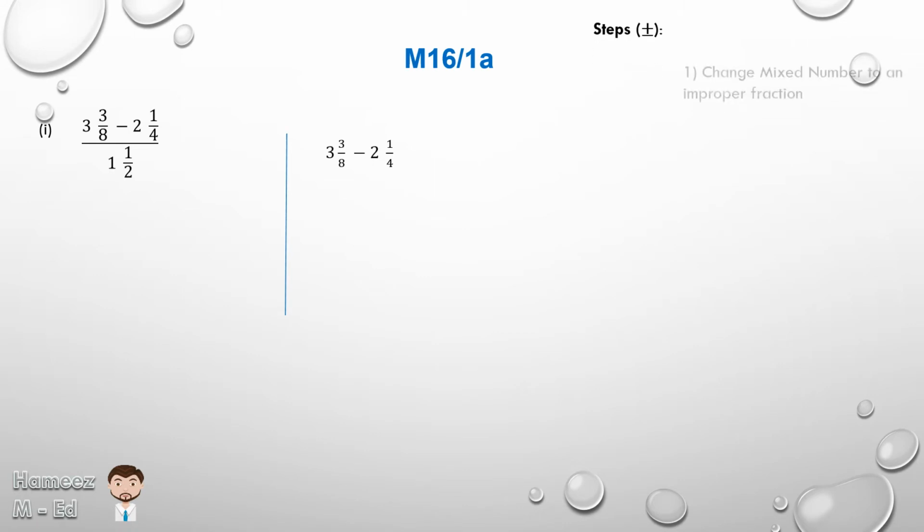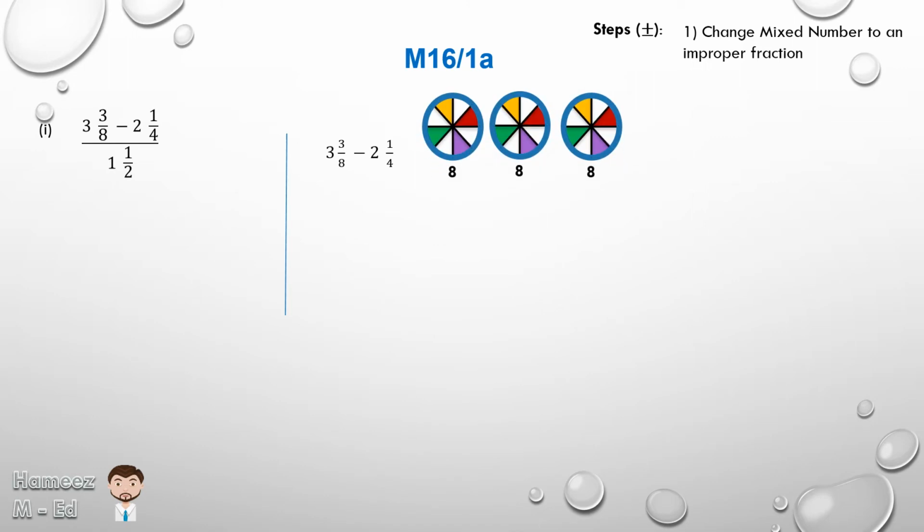If we change the mixed number to an improper fraction, then 3 wholes, each cut into 8 parts, will give us 8 plus 8 plus 8, which is 24, and 3 more parts, so 24 and 3 is 27 over 8, minus 2 1/4, which means we're cutting 2 wholes, each into quarters. So that'll be 4 and 4, 8, and 1/4 is 9, so 9 over 4.